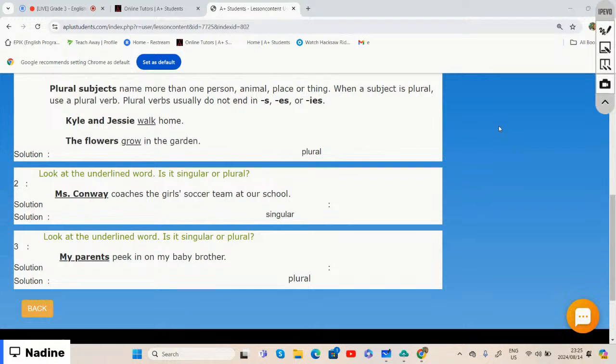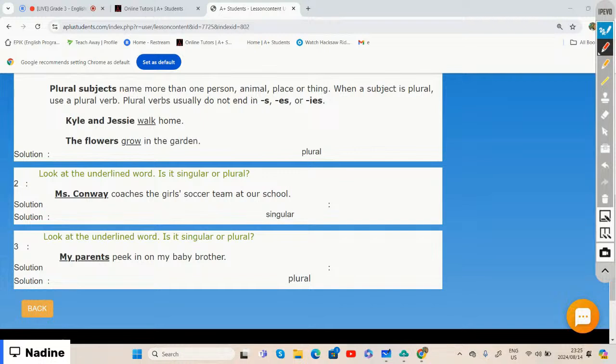We would say Miss Conway is singular because it refers to one person that we are making mention of.